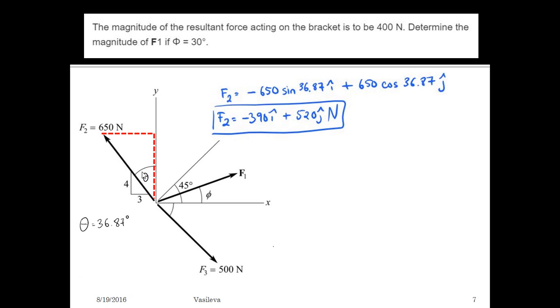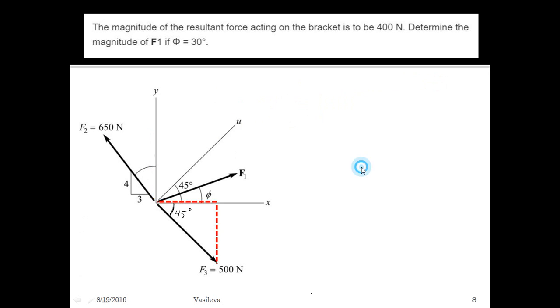Because sine is opposite over hypotenuse, so in order to find the side opposite the angle, it would be this. Then to find the y component, we do cosine because it's adjacent over hypotenuse. You need to pay attention to when to use sine and cosine. You don't always use sine for the y component, and you don't always use cosine for the x component. So I get F2 as negative 390 in the x direction plus 520 in the y direction.